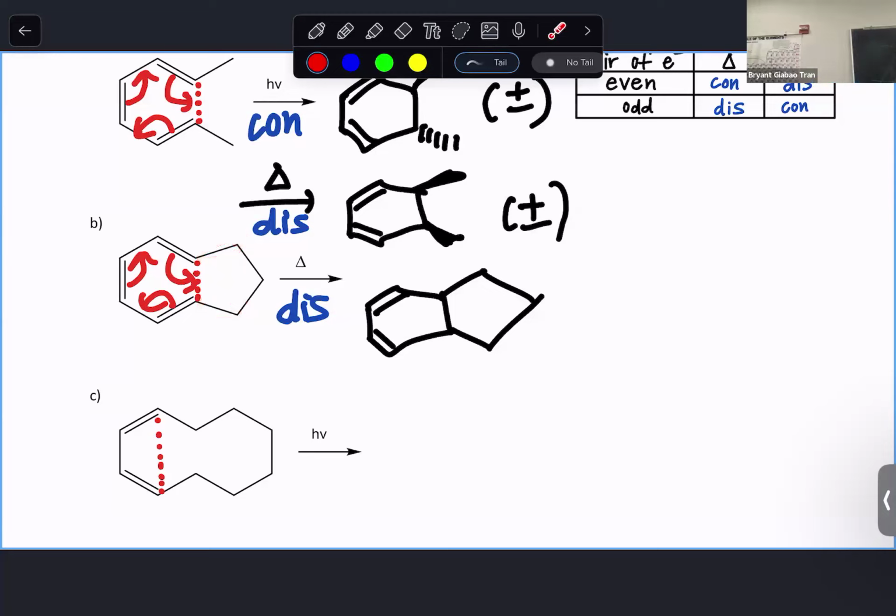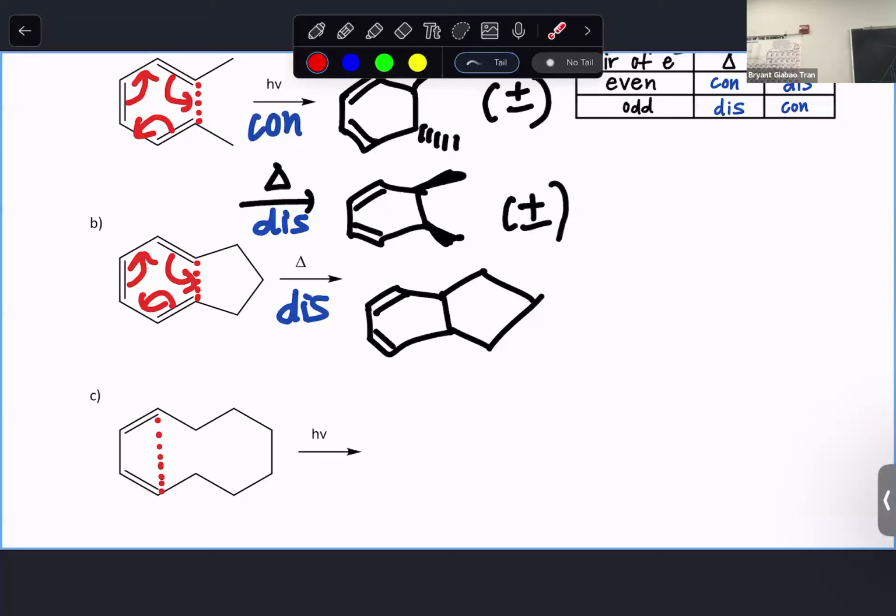Now let's do the disrotatory thing, meaning that they have to rotate in opposite directions. If I rotate my left thumb clockwise, I have to rotate my right thumb counterclockwise, right? Which makes them both going up, or cis. I could have chosen counterclockwise as well. Like if I rotate this left thumb counterclockwise, that means that this thumb has to rotate clockwise, making them both going down, but they're still cis to each other.